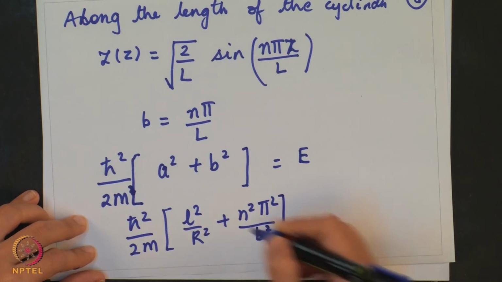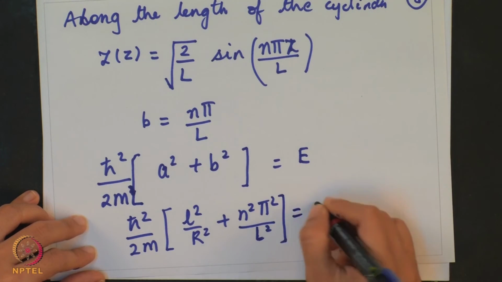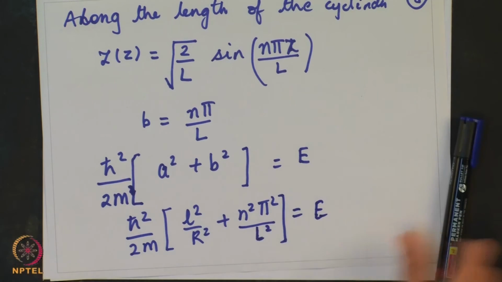This is a capital L, this is a small l, remember. So, this is the energy eigenvalue.